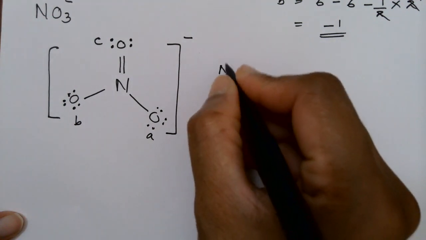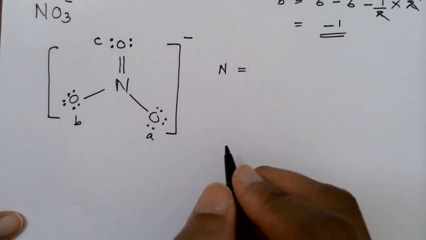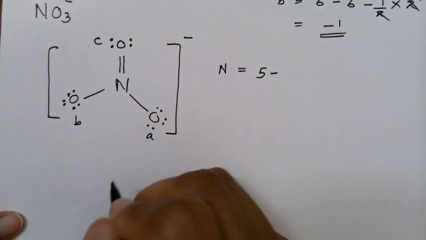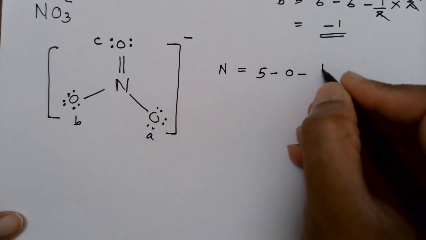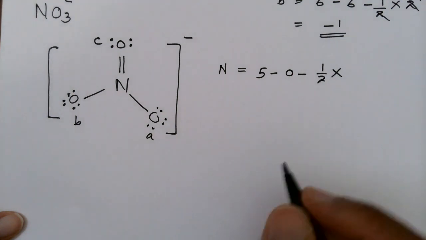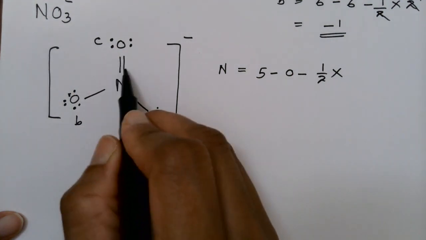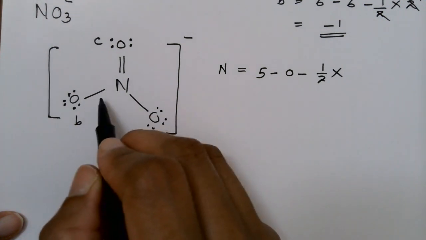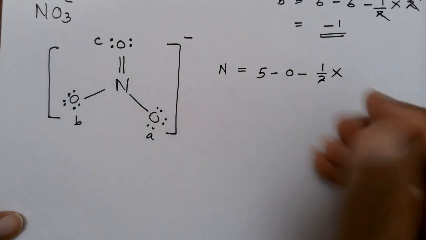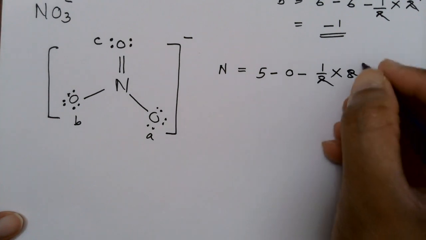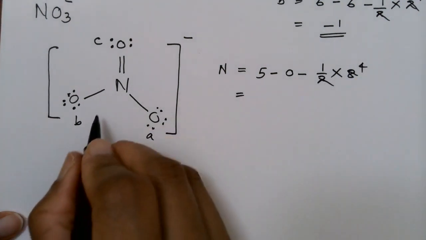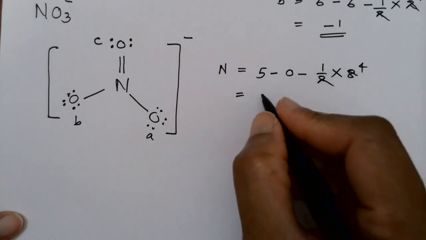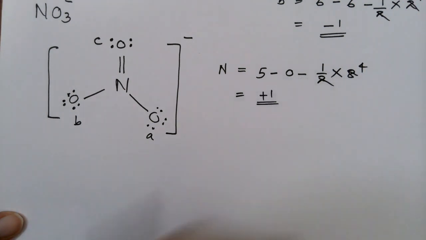So first calculate the nitrogen formal charge. Nitrogen is in group 5, so 5 valence electrons minus no lone pairs on nitrogen, then 0 minus half times bonding electrons. So this is a double bond, 4 electrons, a single bond 2 electrons, and another single bond 2 electrons. So 4, 5, 6, 7, 8. So the formal charge on nitrogen is 5 minus 4, which is plus 1.